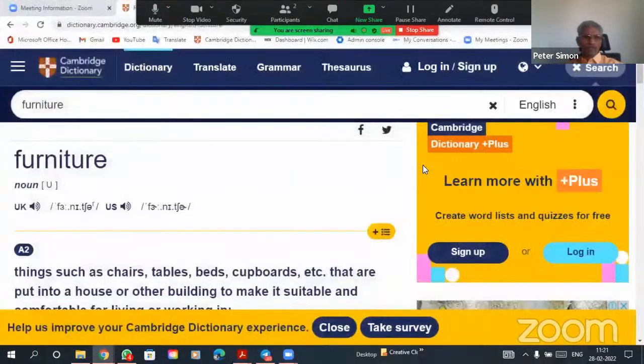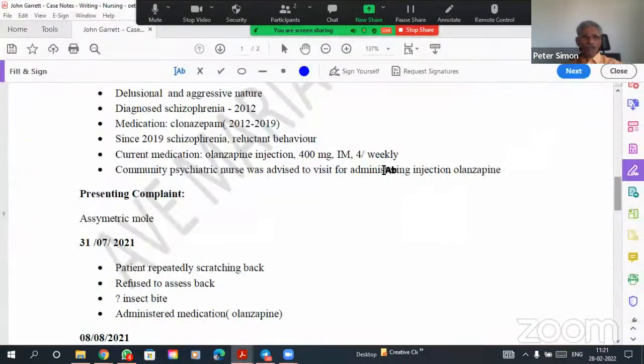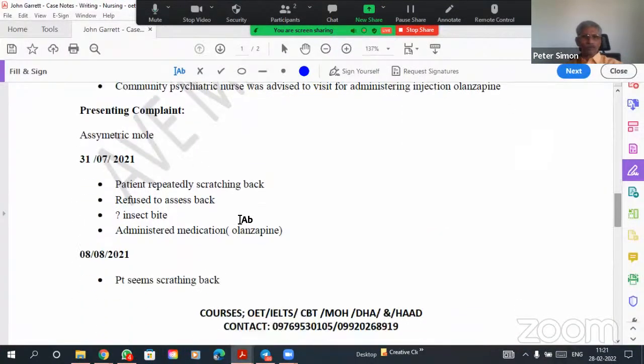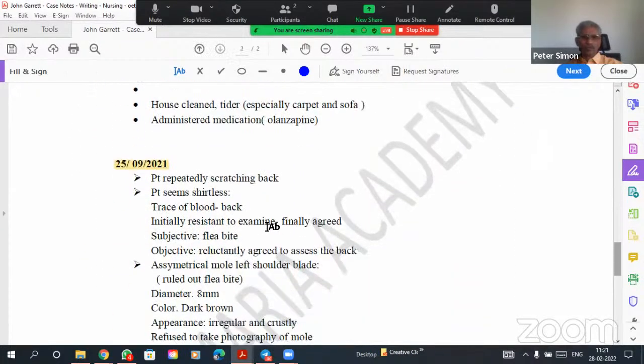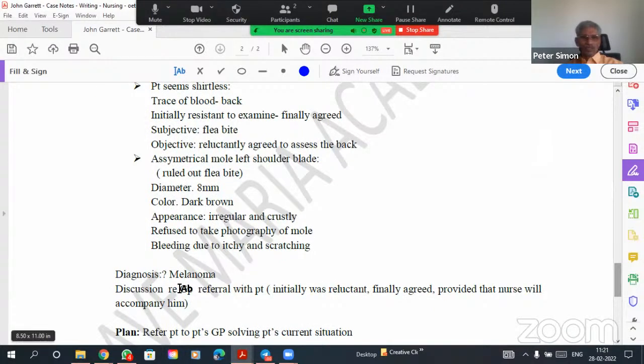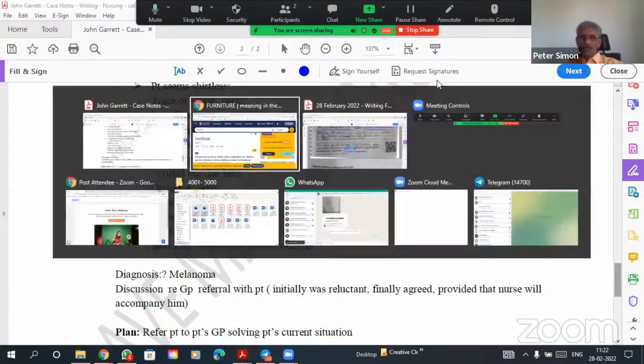After initial reluctance, discussion with GP, referral with patient initially was finally agreed, provided that nurse will accompany him. Fine.